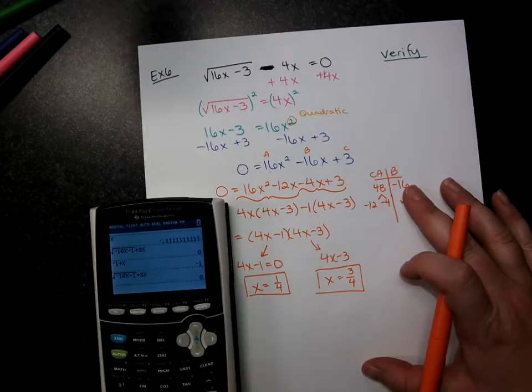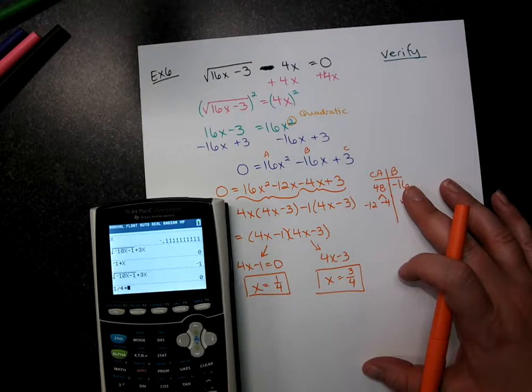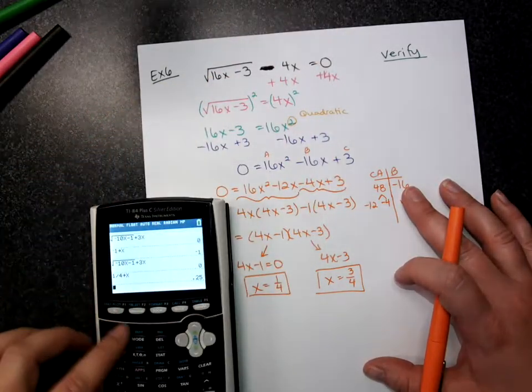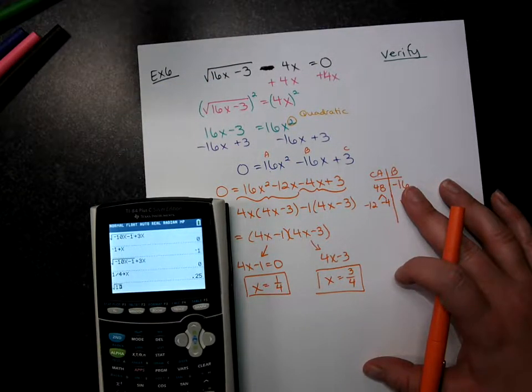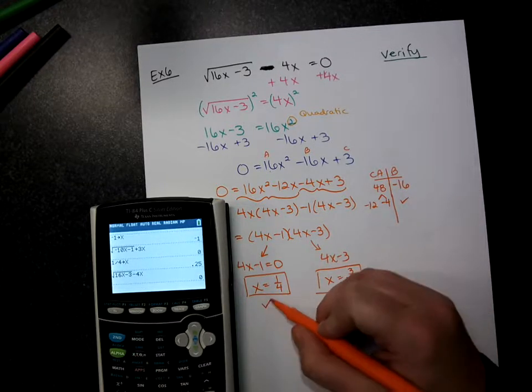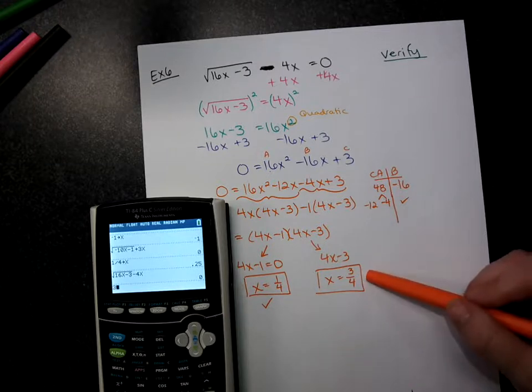So we're going to type in 1 divided by 4 and store that for x. And then we'll type in the original equation and see if it equals 0. So the square root of 16x minus 3, then you want to close the parentheses, minus 4x. That should give us 0, and it does. And now we're going to do 3/4.